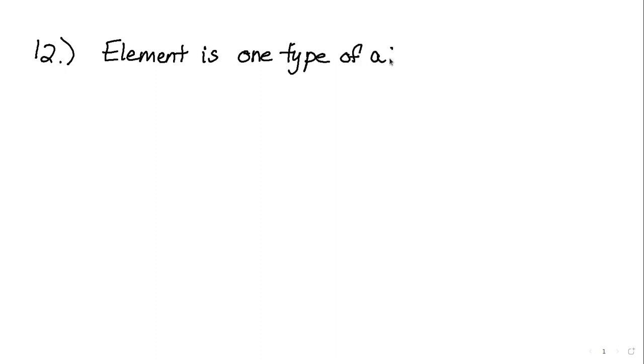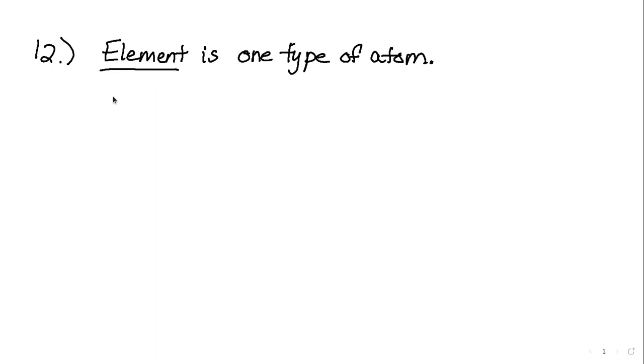12. What is the difference between an element and a compound? Okay, an element is one type of atom. All of the different substances on the periodic table are elements, and we're going to talk about that in the next module.